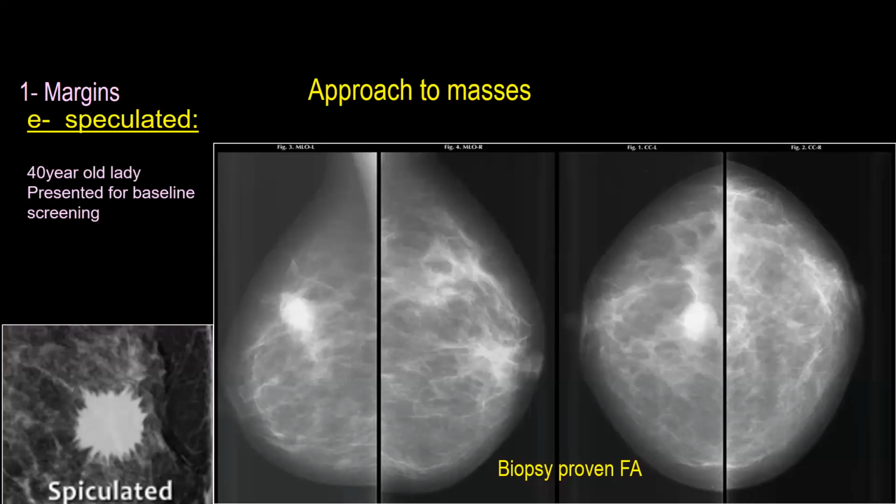Any spiculated mass, we have to call it BIRADS 4C. Even one of fat necrosis, we have to consider it as BIRADS 4C and further evaluate the mass with tissue diagnosis to say this is a fat necrosis.